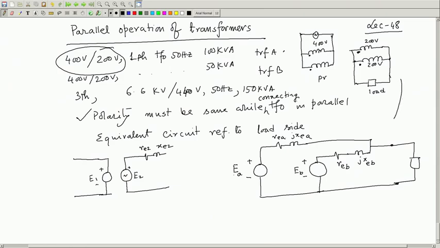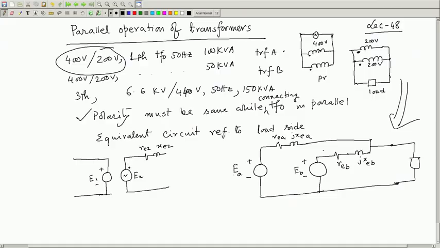So, this is equivalent to this when translated into the equivalent circuit. Got the point? So, REA, XEA is what? It is the secondary resistance and the reflected primary resistance. That is why I have not shown any resistance here. Similarly, REB, XEB will be like that, and this is the connection.